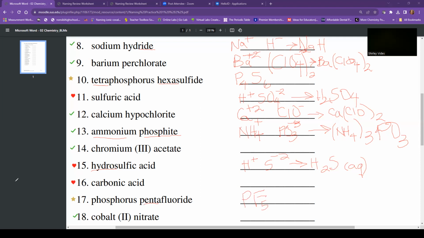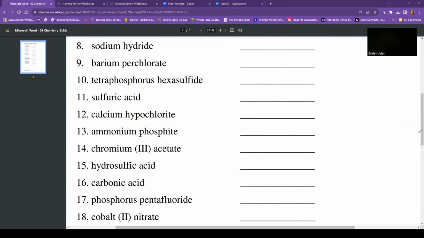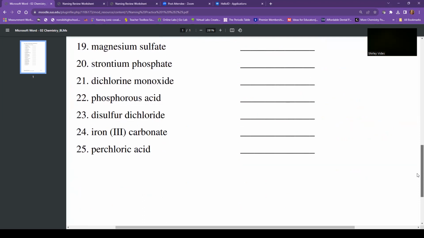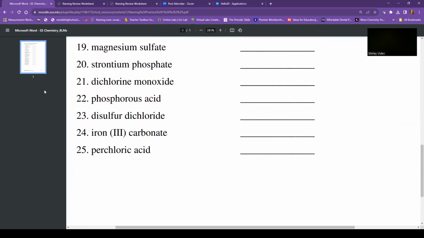Let's go to the next ones. We have 7 more because this is a total of 25. So, all right, 19. So again, to classify them, we are going to do the acids. There are none. Okay, so we are going to do the covalents first. There's one. That's a covalent.